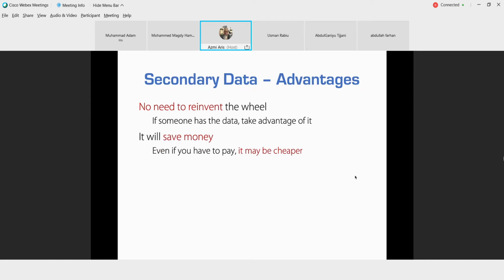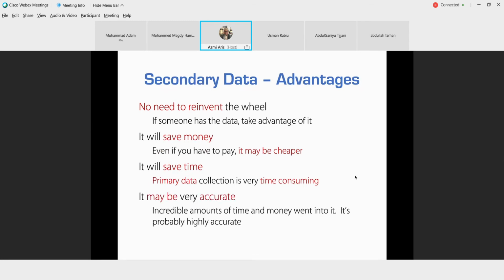They don't give you free data. But other than that, most of the data are basically free. You have to ask from the appropriate agency for the use of that data. Okay, save time, save money.